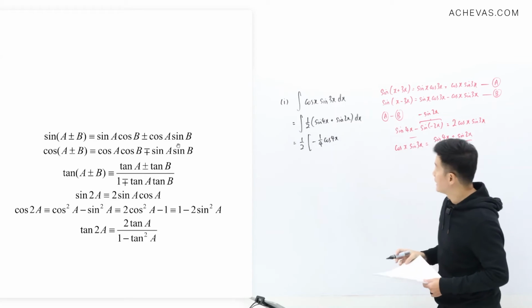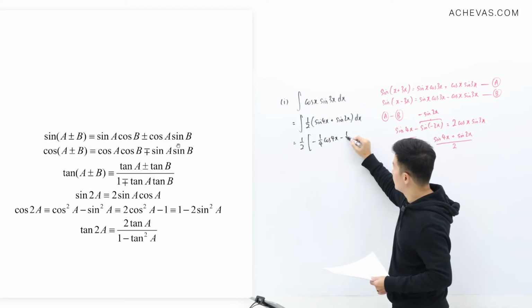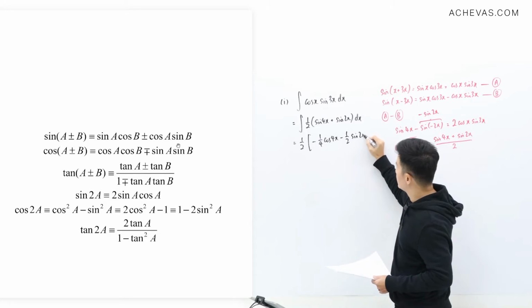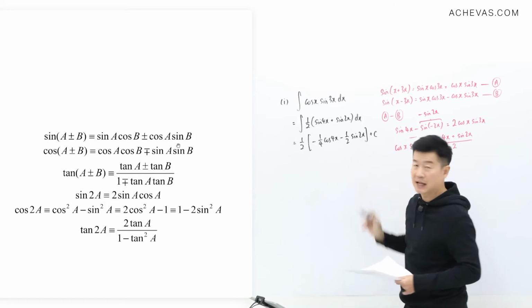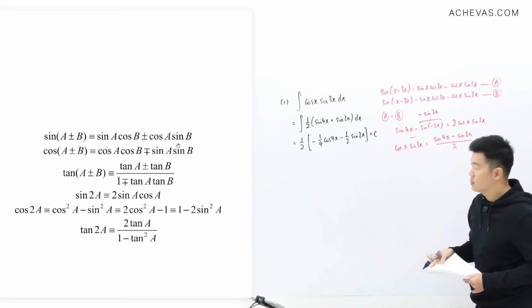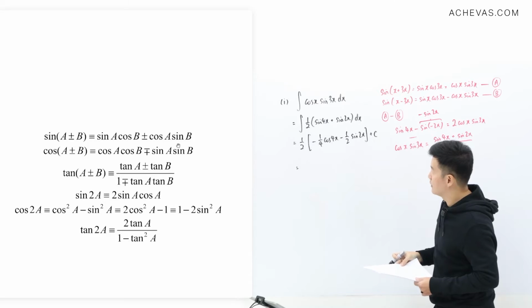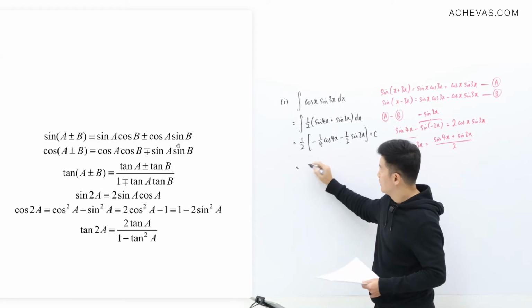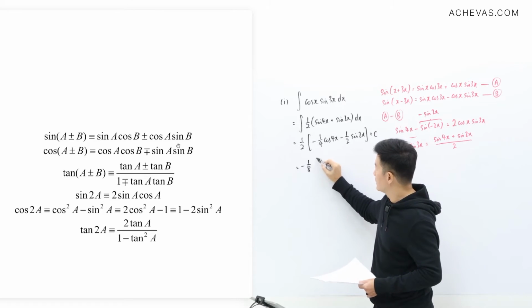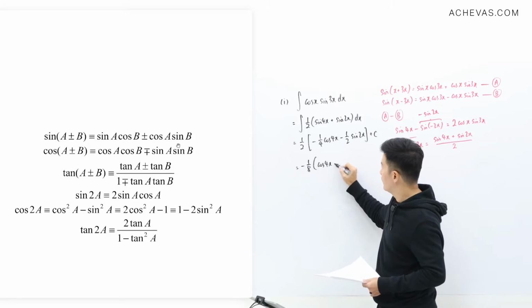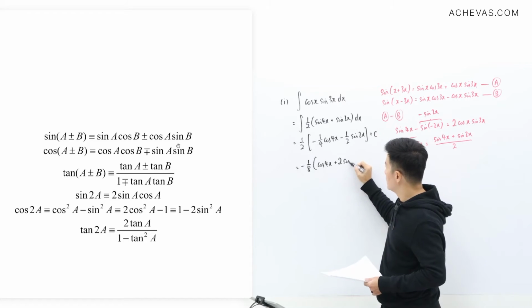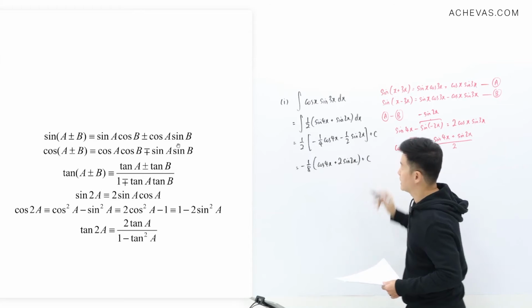And integrating sine 2x is minus 1 over 2 sine 2x. So this plus c. I think this can be a good enough answer, or if you want to, you can also factorize out, let's say, negative 1/4, giving us minus 1 over 8 of cosine 4x plus 2 sine 2x, then plus c.